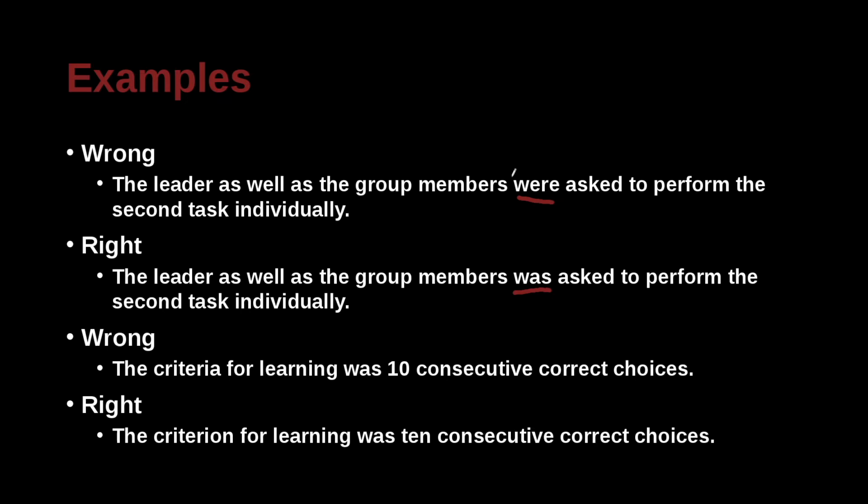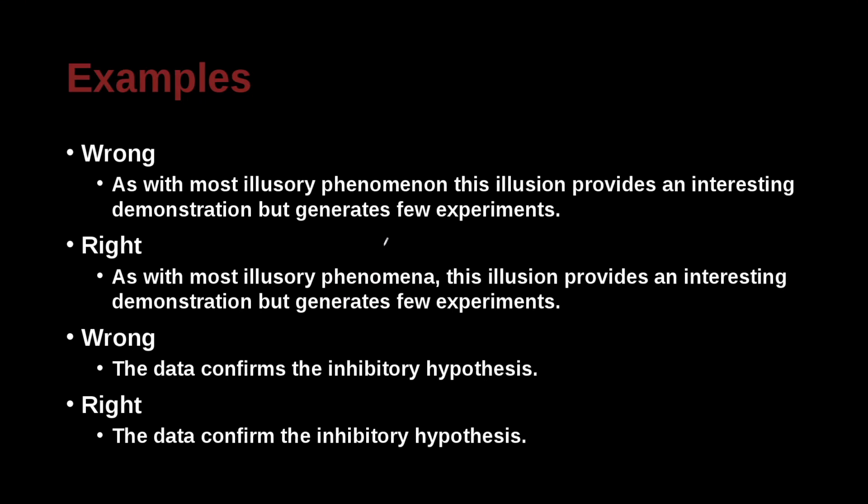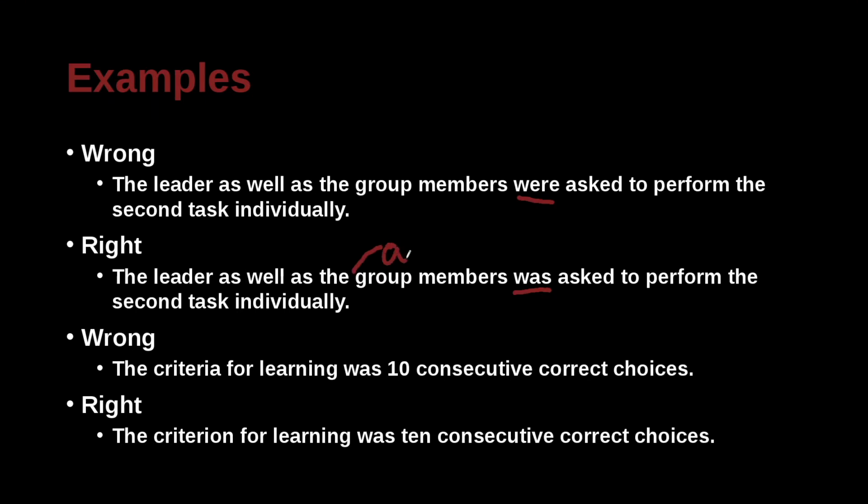And you were thinking, well, if it's the leader and group members, so this is a group of people, right? Yes, that's correct. And that's the point. It's a group. So as a group, they are single. So it was, not they were, because they're all together in one group.